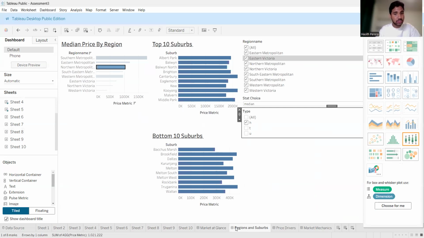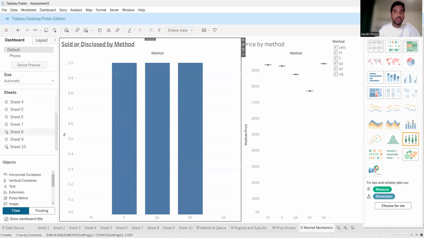That matters, and also how the property is sold. If the property is sold in this particular way, it tends to be more expensive. So the way the house is sold, the region, that all matters, and also the rooms. The more rooms you have, the more expensive it's going to be, and that makes sense, right?